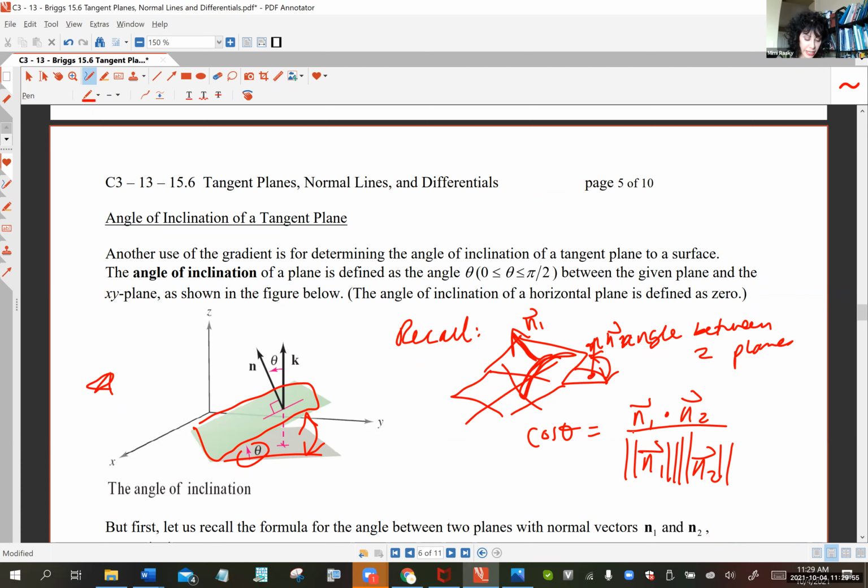You want the acute angle. So to guarantee that you get the acute angle, you put absolute value bars on the numerator. Now, you don't do this every time. Please don't make a silly mistake. When I ask you to find the angle between two vectors, don't put absolute value there. This is only when you are finding the angle between two planes.